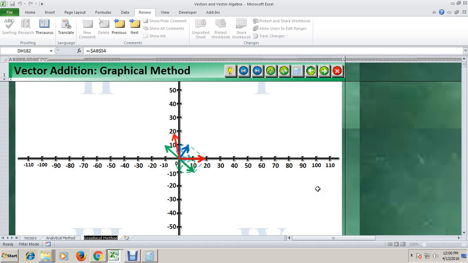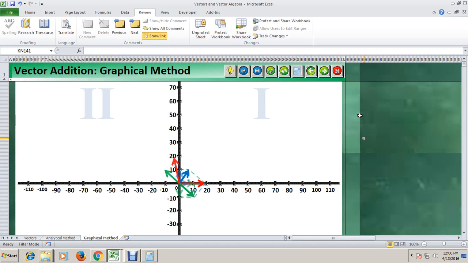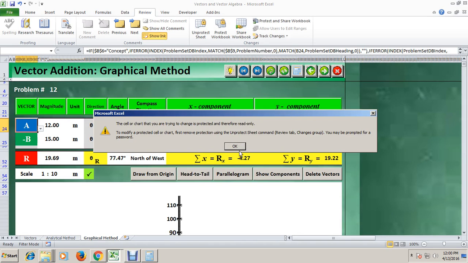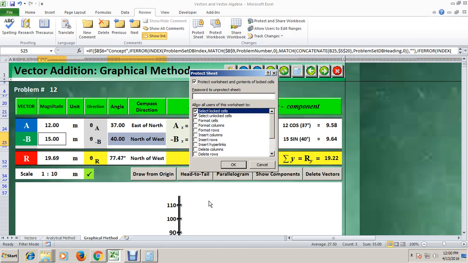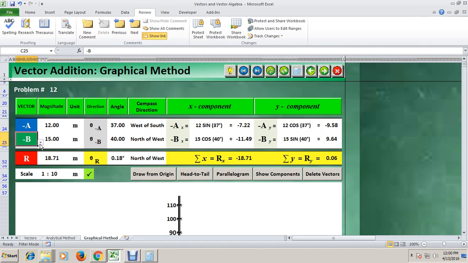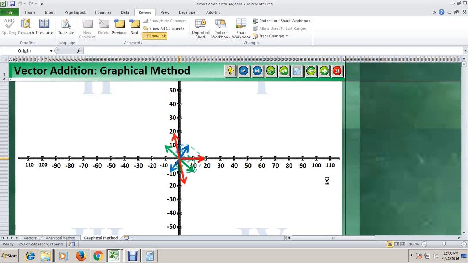So graphically, let's try to do this. Let's make the negative sense of the direction for vector A, and bring back the positive sense of vector B. Okay, so let's again try to draw this from the origin.